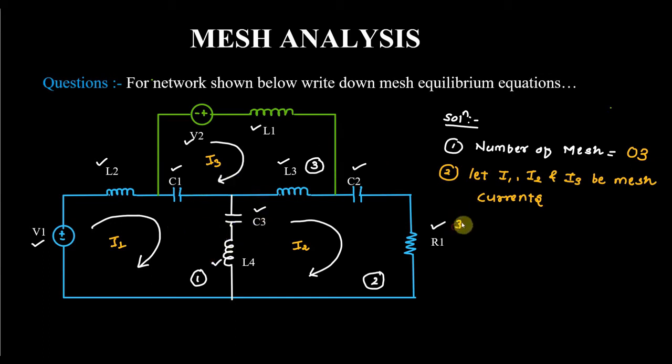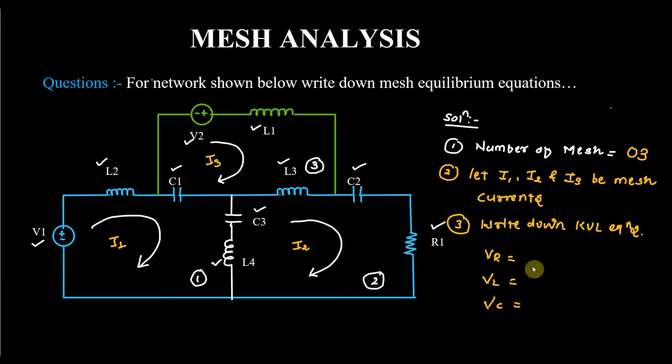In the third step, we will write down all the KVL equations. This is mesh 1, this is mesh 2, and this is mesh 3. For that we will write down the KVL equation. I told you in the previous lecture about the voltage across resistance, inductor, and capacitor.